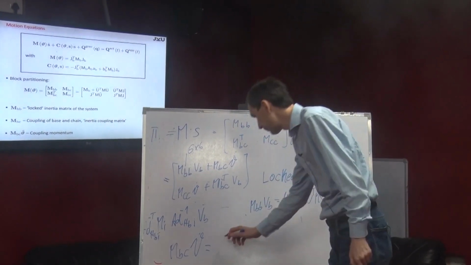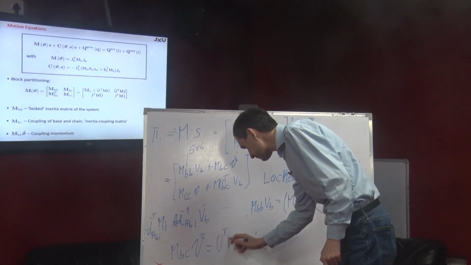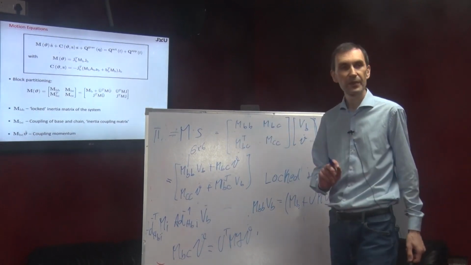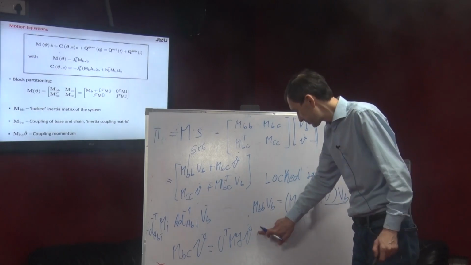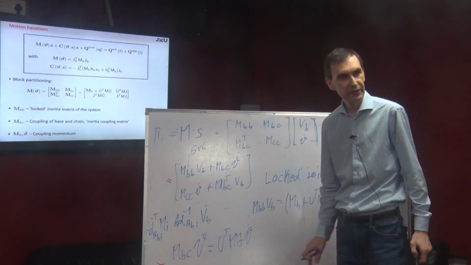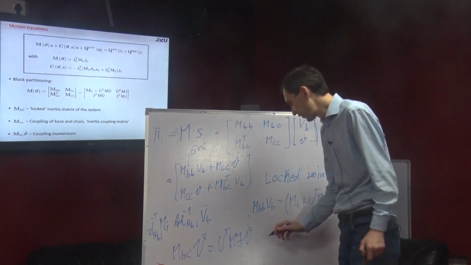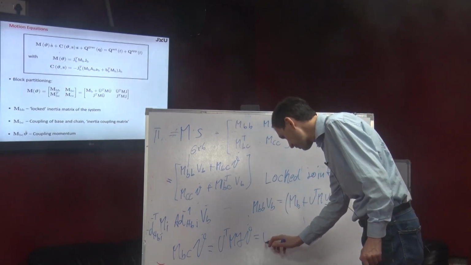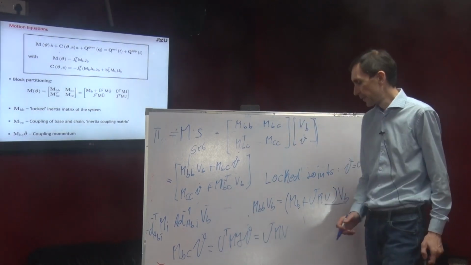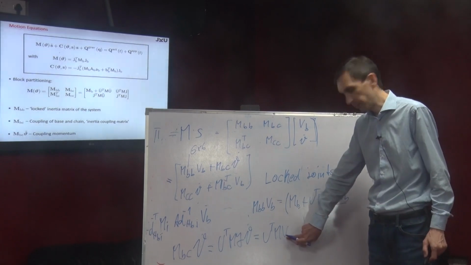It's U transpose M, J times theta dot. Now it should be clear, because J times theta dot is the system twist. U transpose MV, right? But remember, this is the system twist.